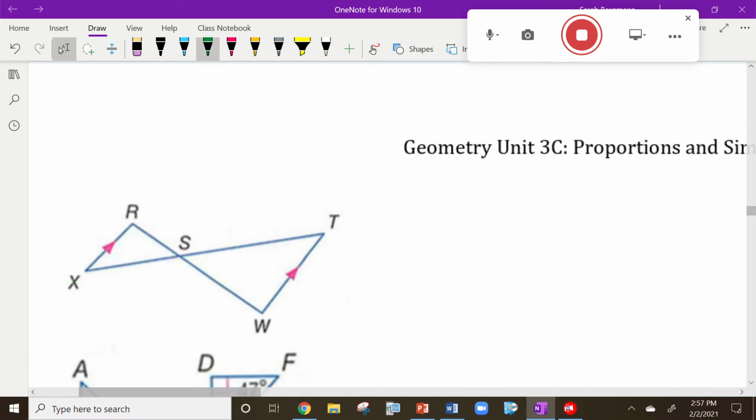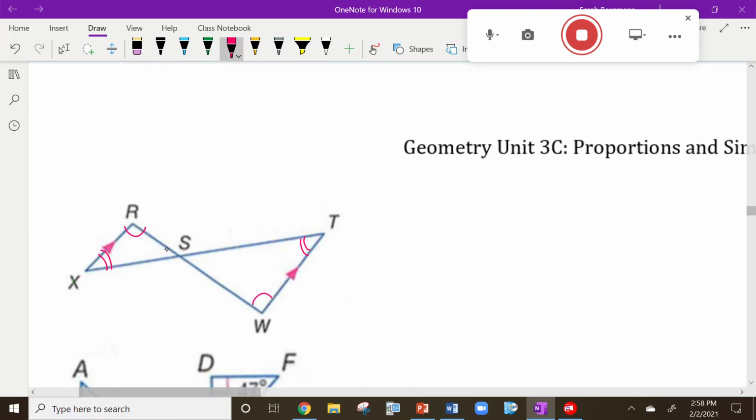So we have these two triangles, and I also see that these lines are parallel. So parallel lines, remember, create a lot of congruent angles. I would know that angle W and angle R must be congruent. And also, if I look at the other transversal, angle T and angle X must be congruent.